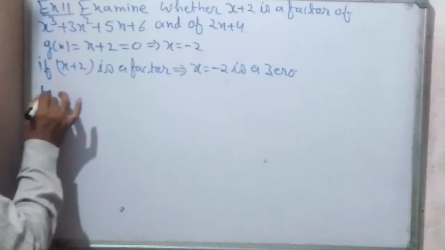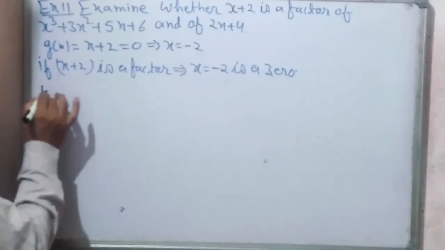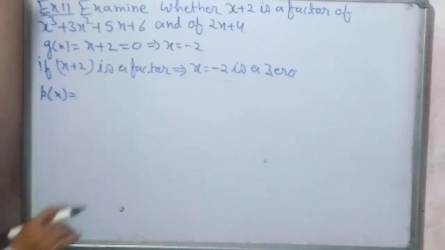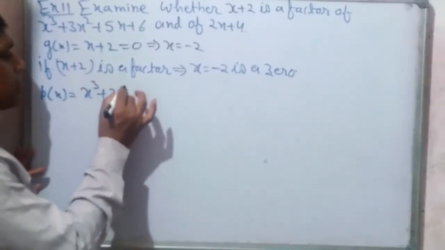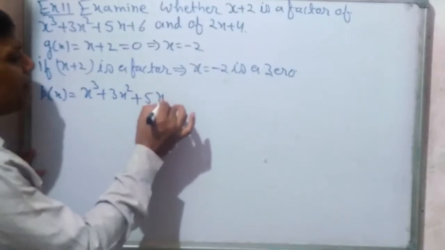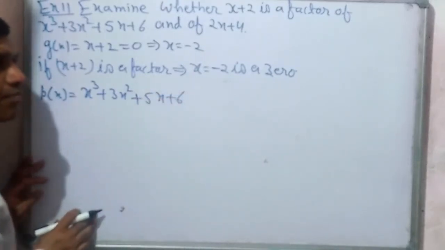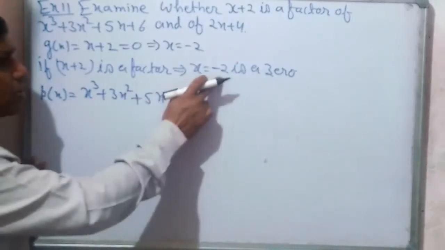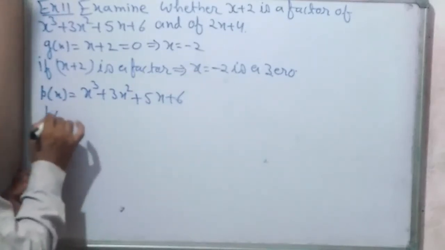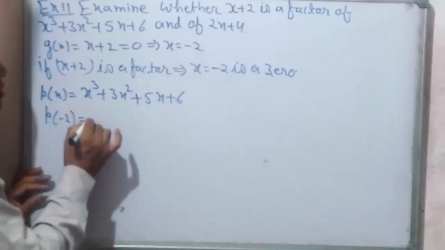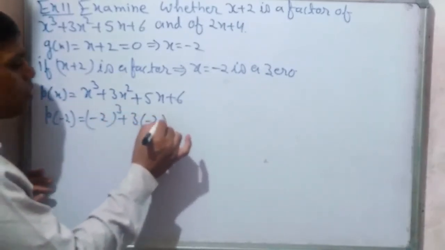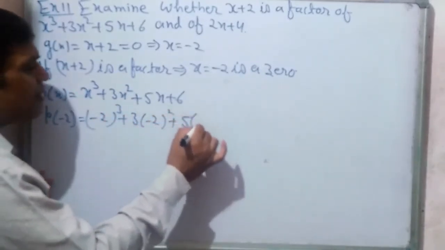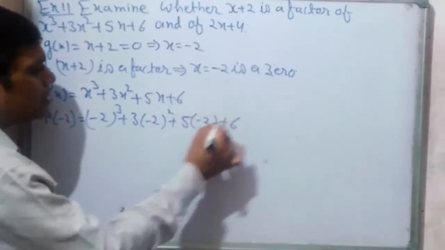So we'll write down the polynomial px. What is px? x cube plus 3x square plus 5x plus 6. What do we have to put in place of x? Minus 2. The polynomial's value at minus 2: minus 2 raised to power 3, plus 3 into minus 2 raised to power 2, plus 5 into minus 2, plus 6.